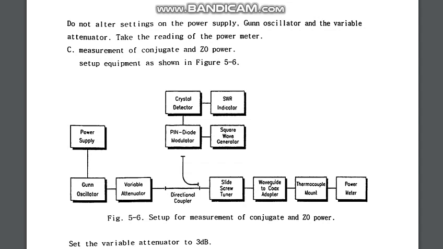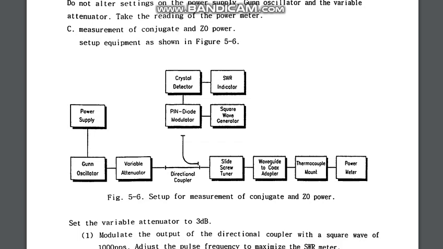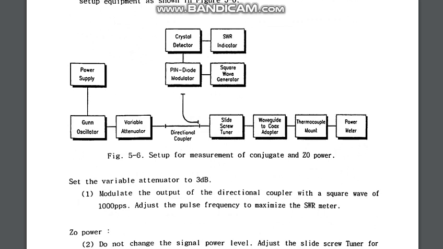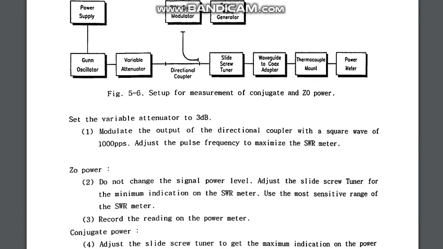The other axis should be connected to the PIN diode modulator, crystal oscillator, the SWR indicator, that means the output section, crystal detector. Just alter the directional coupler, and the input part should be connected to the slide screw tuner, waveguide to coaxial adapter, thermocouple mount and power meter, and then find it out. That means just alter the directional coupler and add another crystal detector and power meter section.